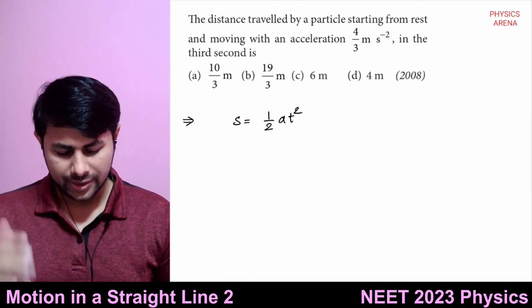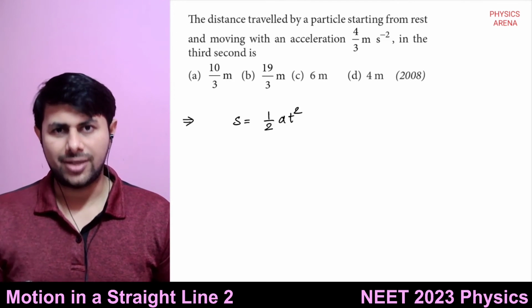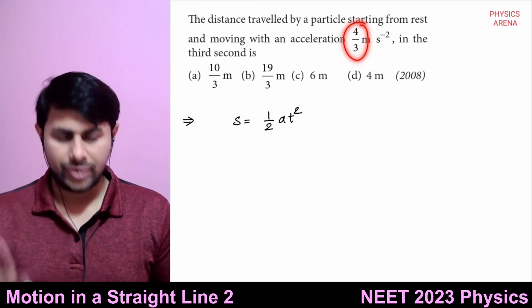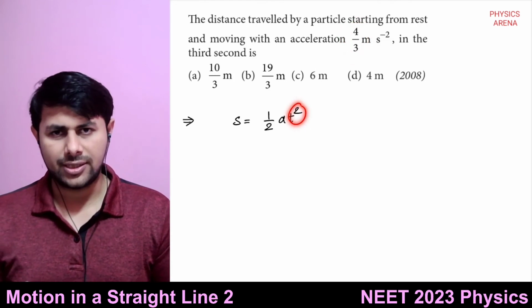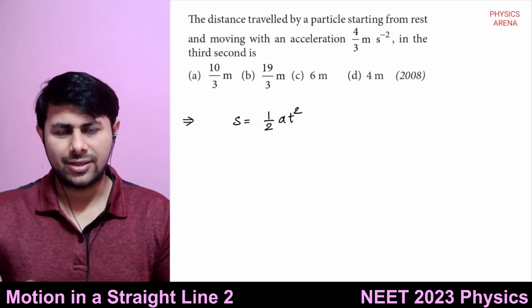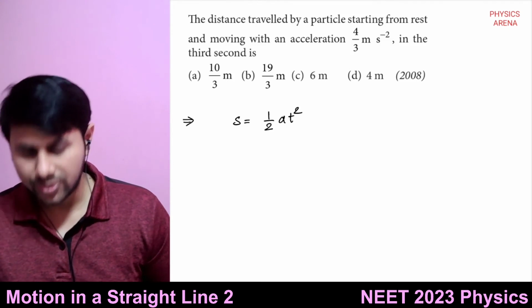They are asking distance covered in third second. So definitely you are hesitating because you know that if you put A, which is 4 by 3, and T equals to 3 seconds, then you will get distance covered in first 3 seconds, right? You will not get distance covered in third second. So what will you do to find out that?